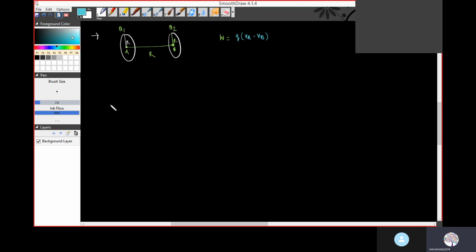So first we have to calculate the potential at A and the potential at B. The potential at A is the potential due to this ring plus the potential due to the other ring.